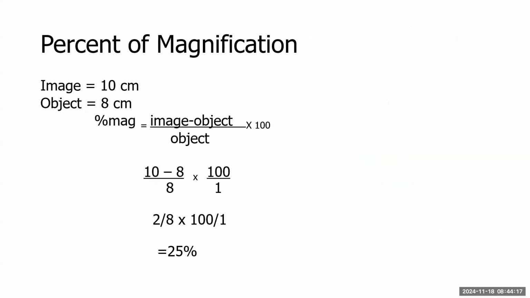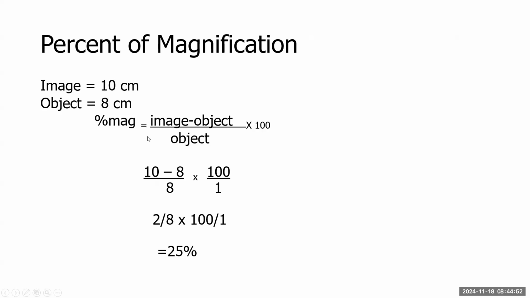So far we've said magnification factor is SID over SOD or image over object size. We can also talk about percent of magnification. If our image is 10 centimeters and our object is 8, because we know that our image is always going to be slightly larger than our object, it has to be because of the divergence of the beam, we talked about that earlier.